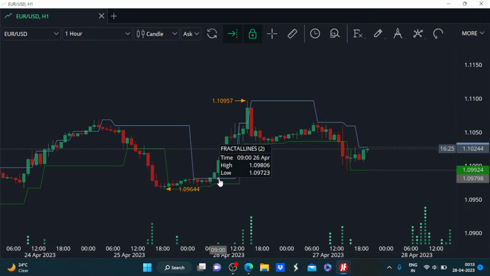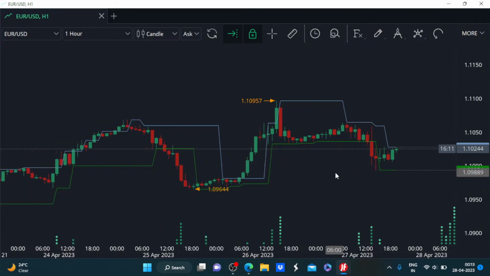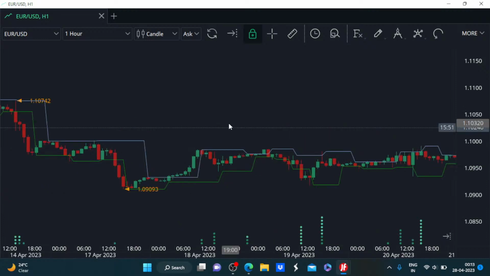When the price developments are simply unfolding in between these lines, those are the scenarios of sideways momentum prevailing in the underlying instrument.